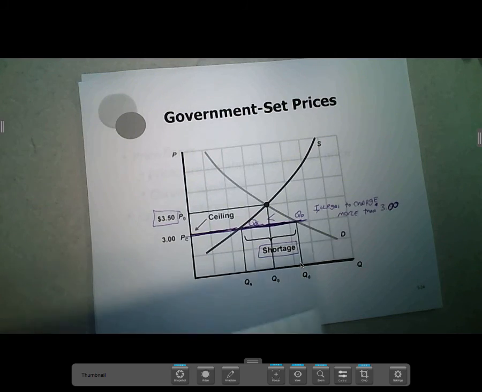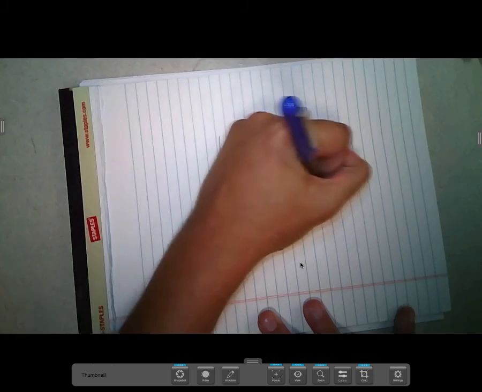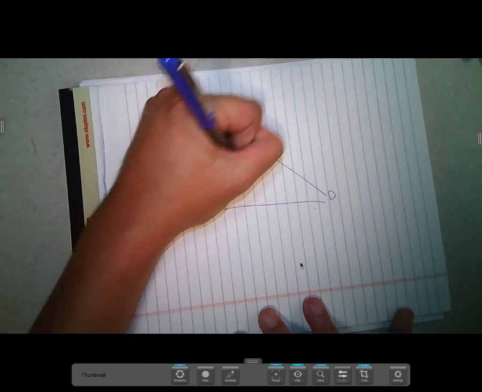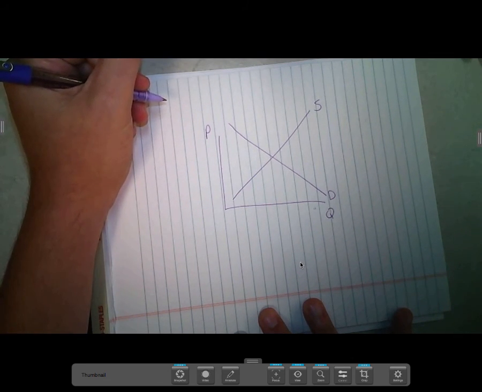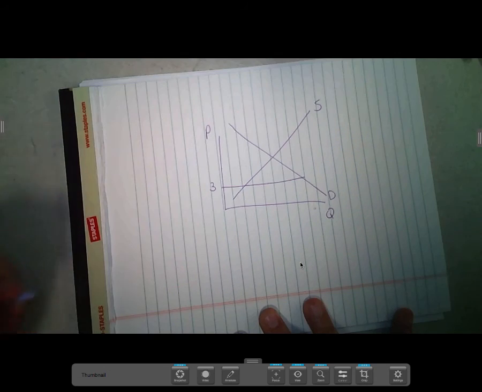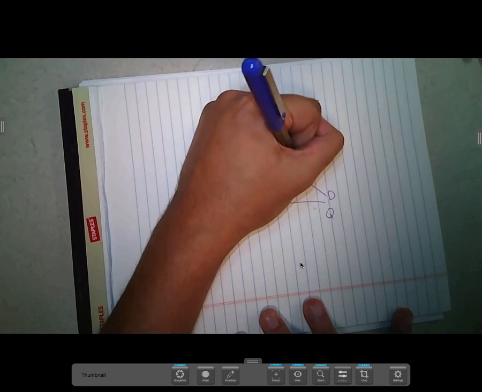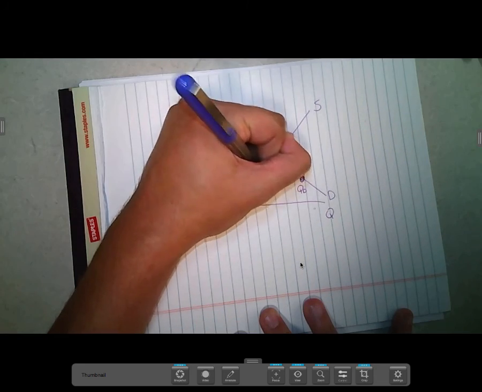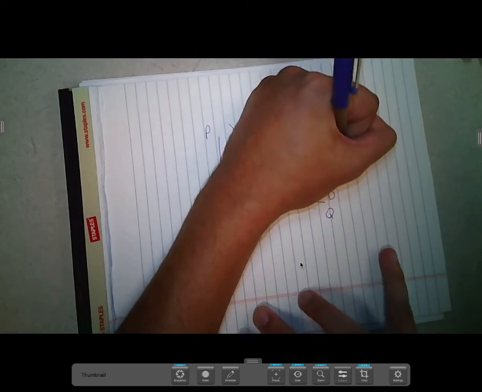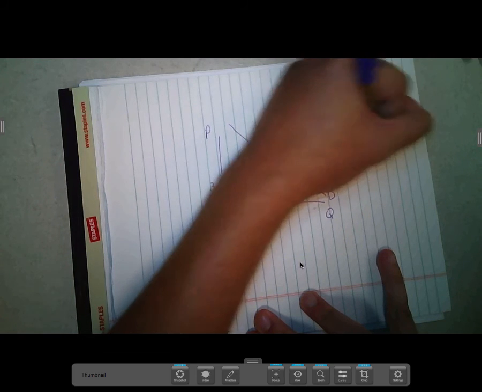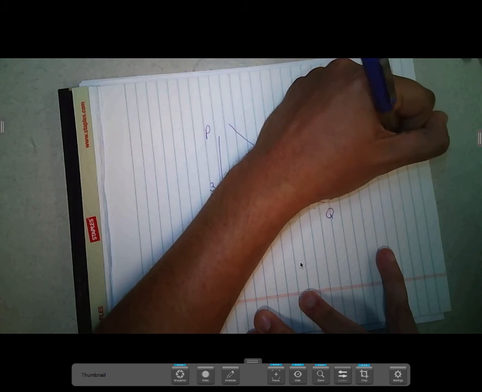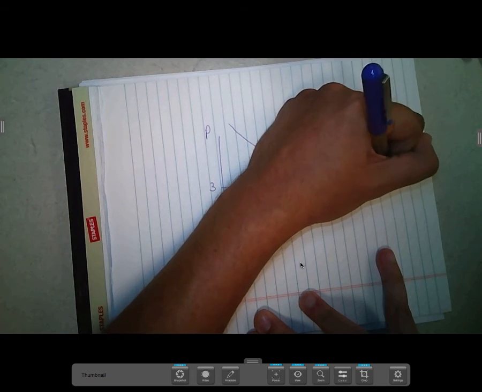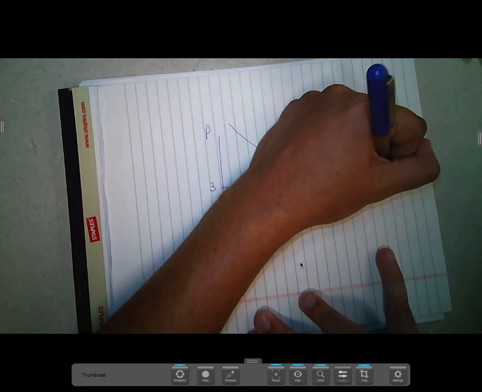I just want to highlight something else here. What if this were, again, a free market? If this were a free market and there was no price ceiling law, and the price were $3, in a shortage situation where the quantity demanded was greater than the quantity supplied, the shortage would have caused firms to raise their price.